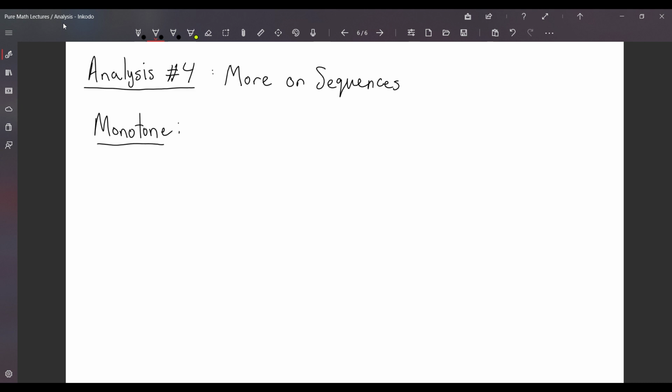A monotone sequence has to do with essentially the progression of the sequence. We basically mean whether the sequence is increasing or decreasing.